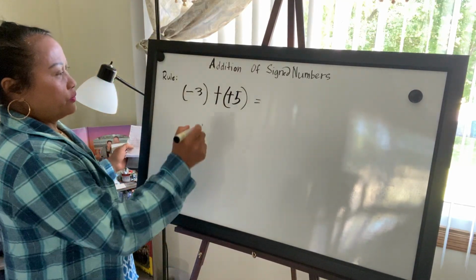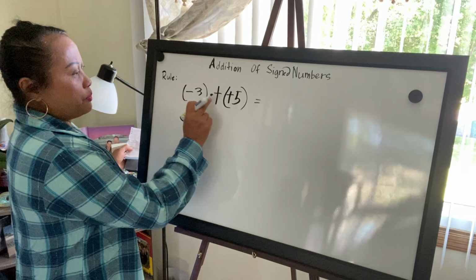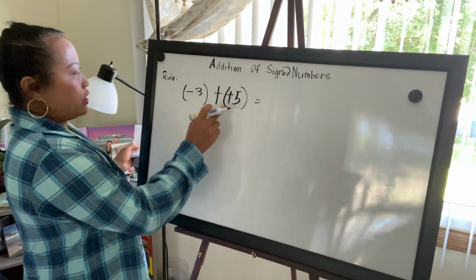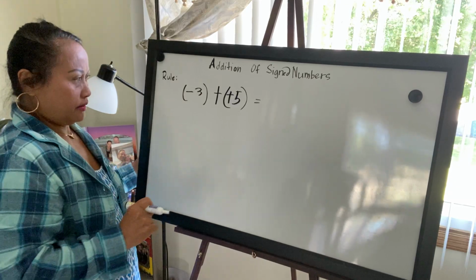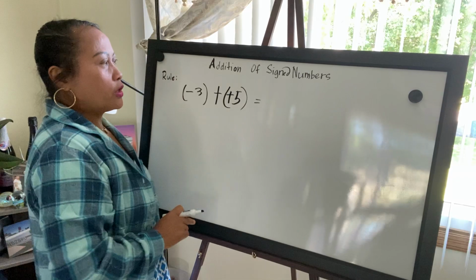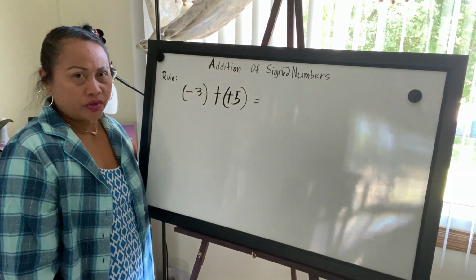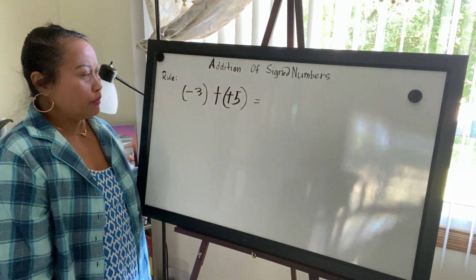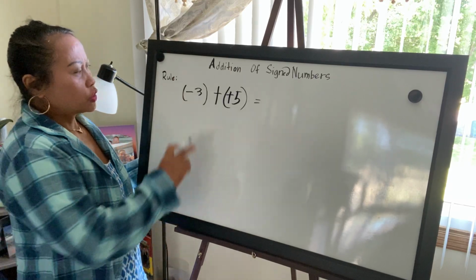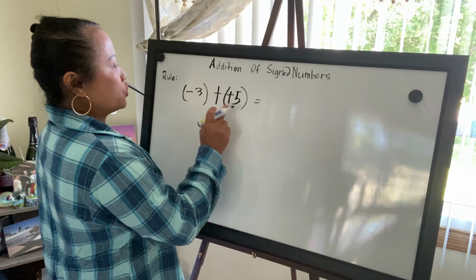Okay, now, negative 3 plus positive 5, these are unlike signs. So that means they are not the same. So in the rule of addition of signed numbers, adding with a different sign, we have to find the difference. What is the difference between the two?